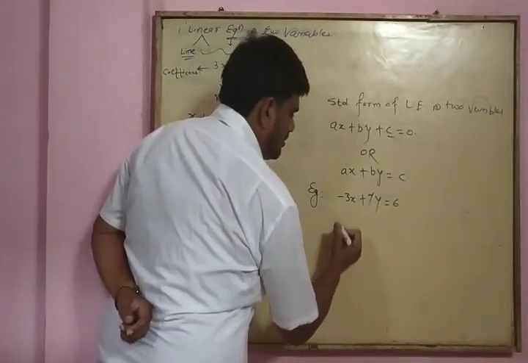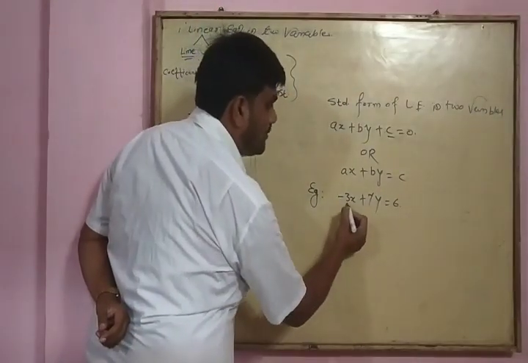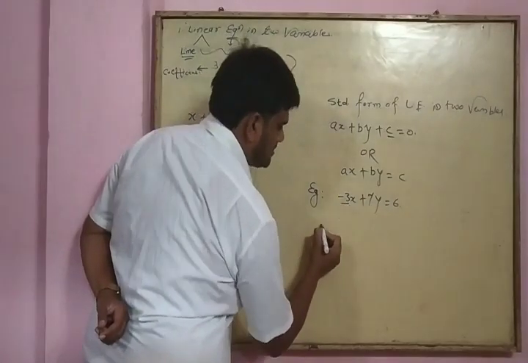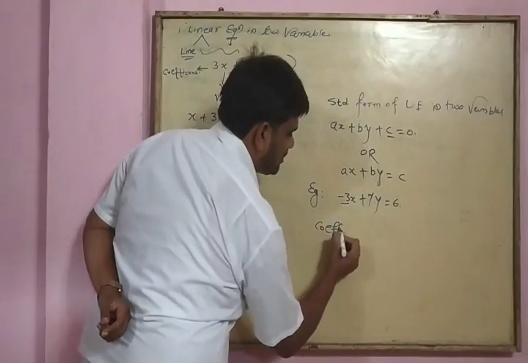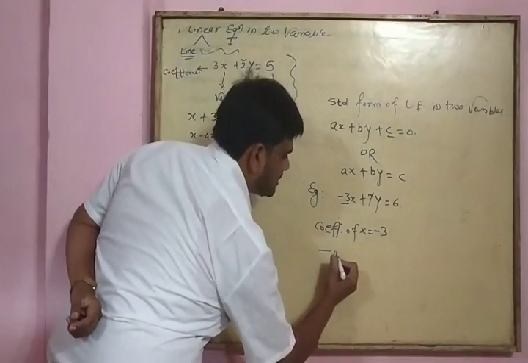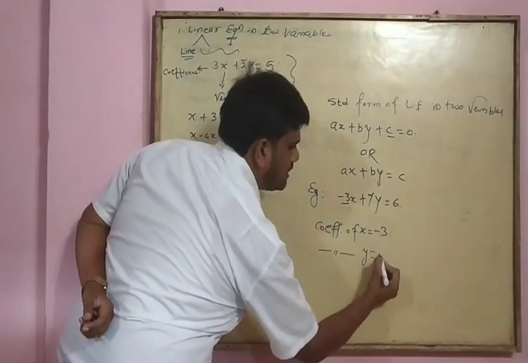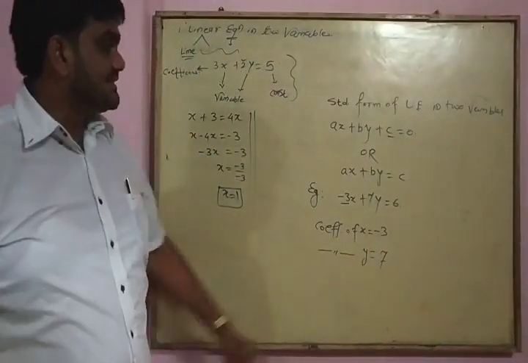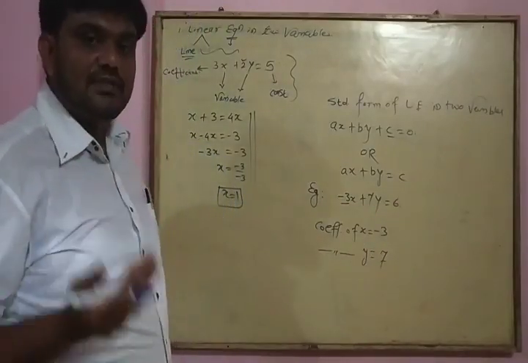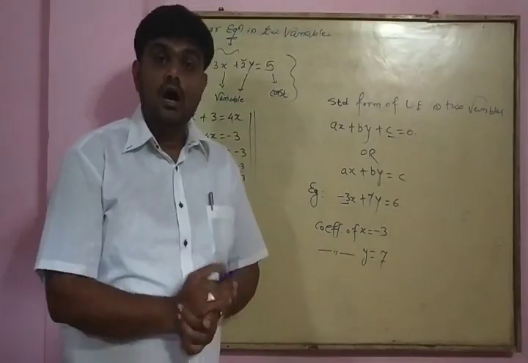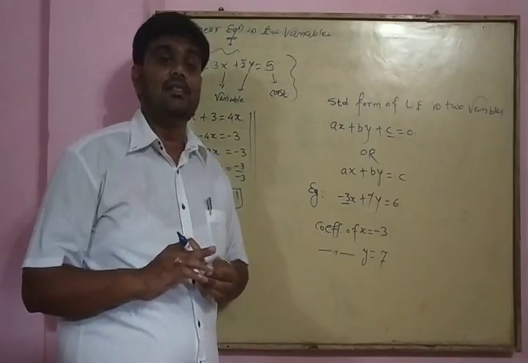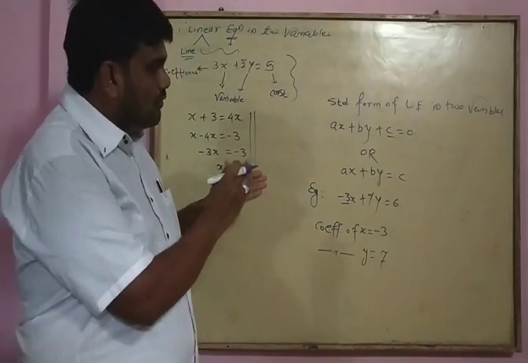Here the coefficient of x is minus 3, the coefficient of y is 7, and 6 is the constant term. Another thing involved is how to identify a linear equation in two variables. I hope you have got it.